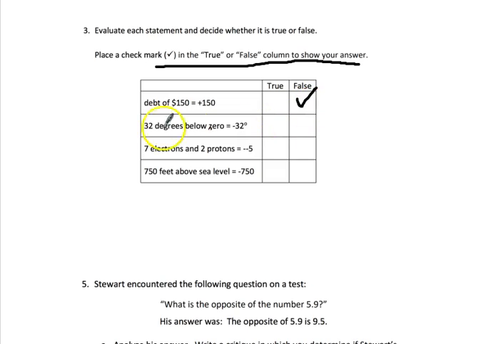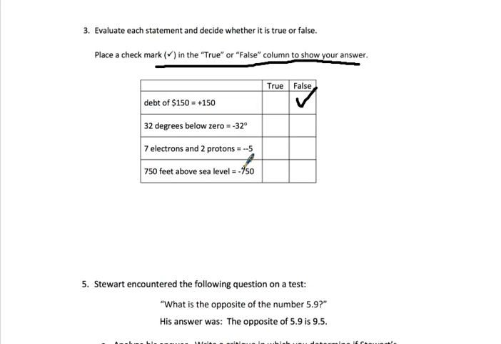That's a negative. 32 degrees below zero is negative 32. 7 electrons and 2 protons are a negative 5. And 750 feet above sea level is negative 750.